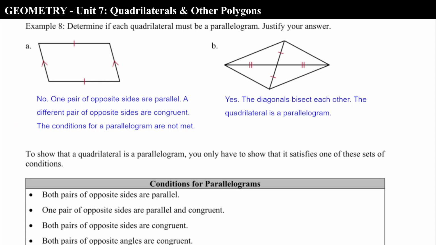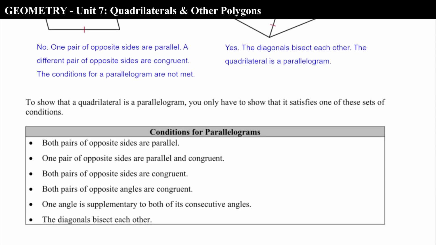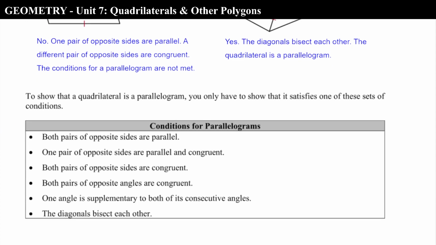Okay, so to summarize this section, here is a listing of the conditions for parallelograms. It only takes one of these conditions to show that it is a parallelogram and to make that proof valid. Both pairs of opposite sides are parallel, you have a parallelogram.